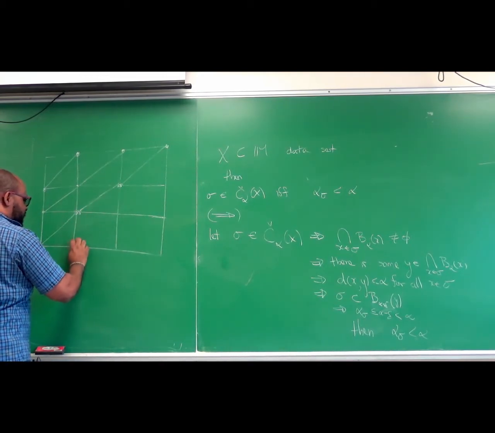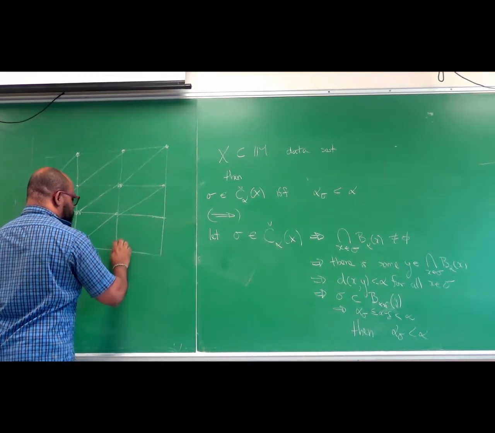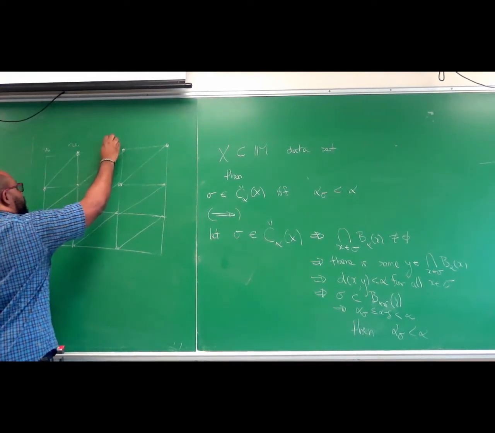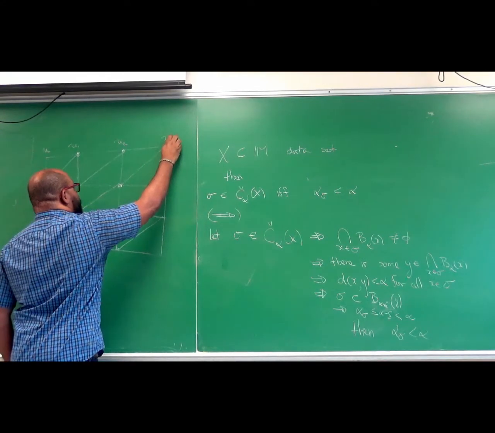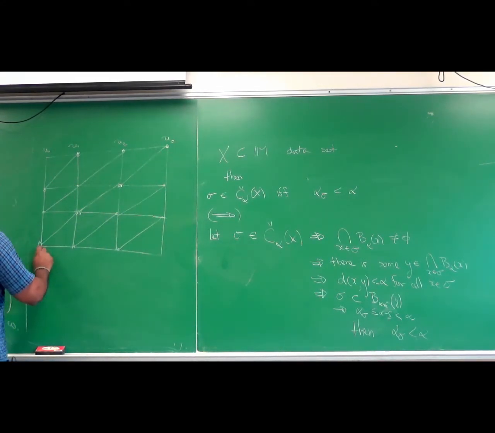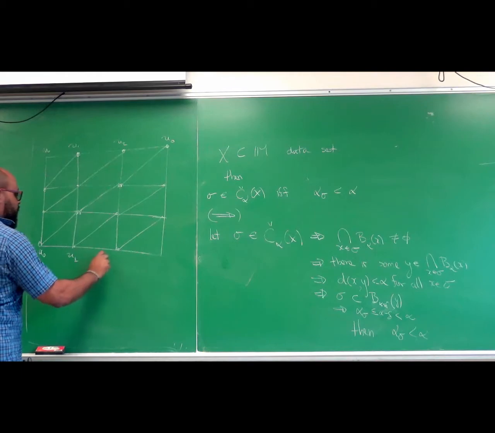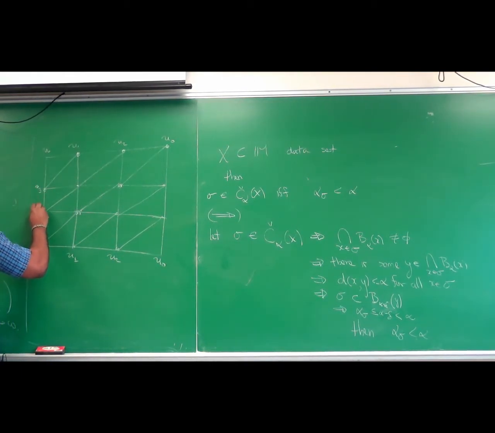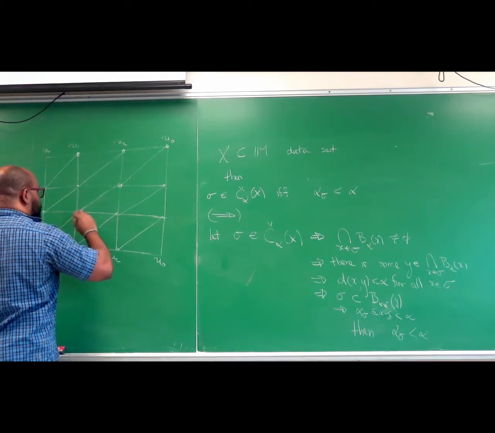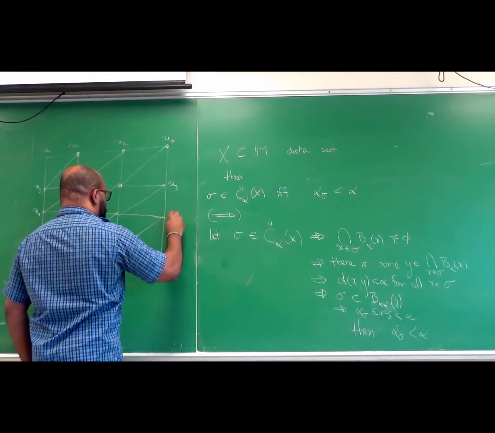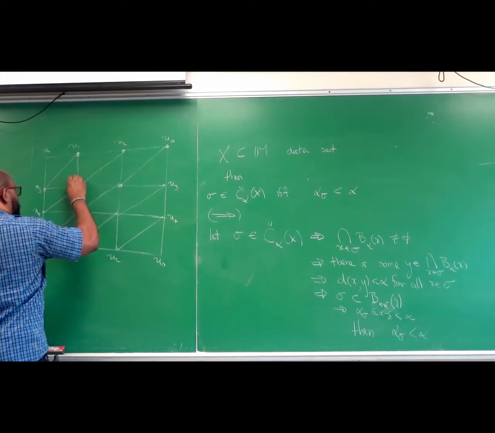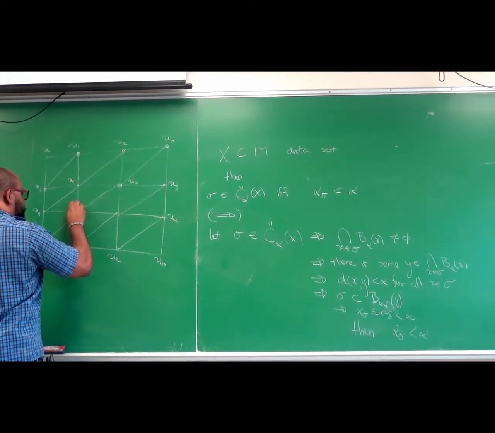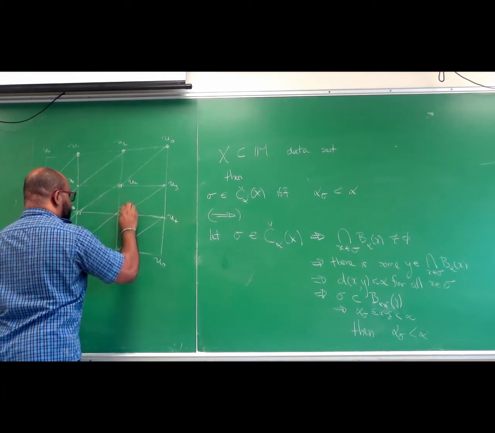Okay, so this was the simplicial complex in question. The vertices were U0, U1, U2, and U0, U3, U4, then U3, U4, U5, U6, U7, and U8.